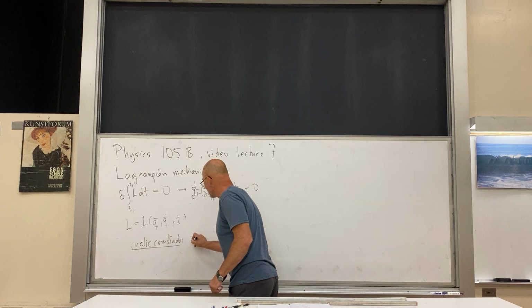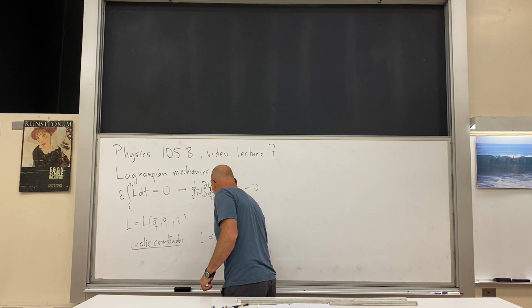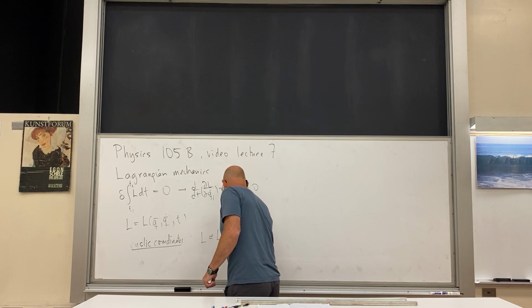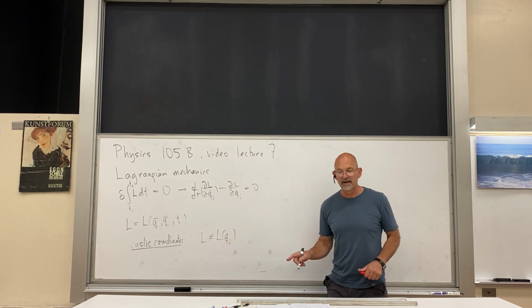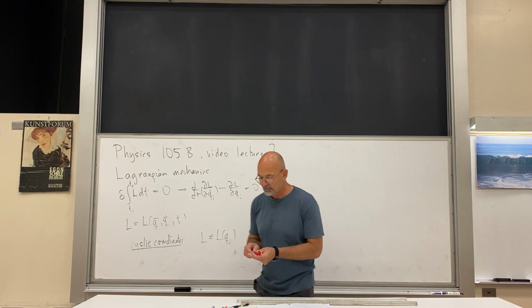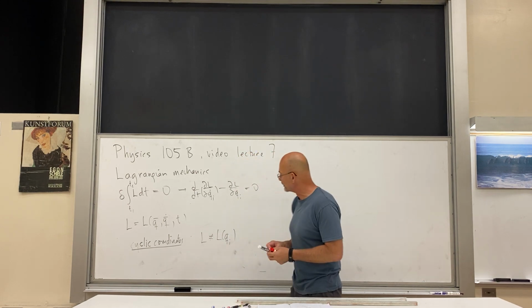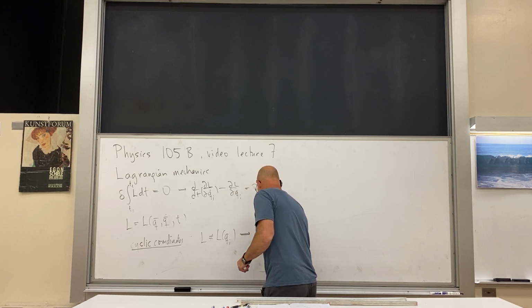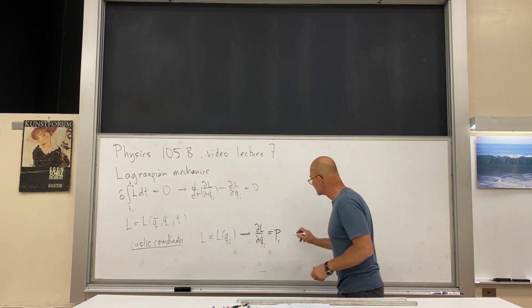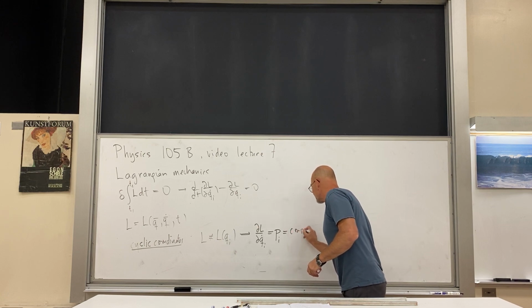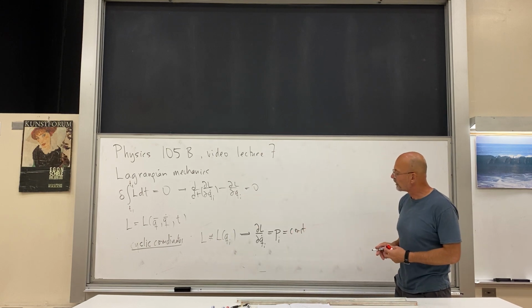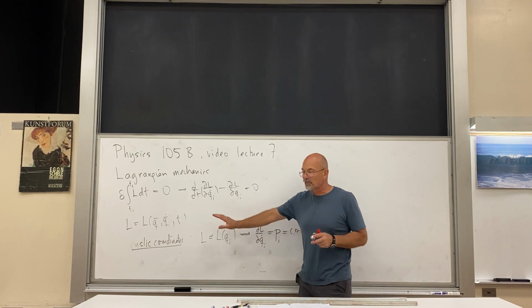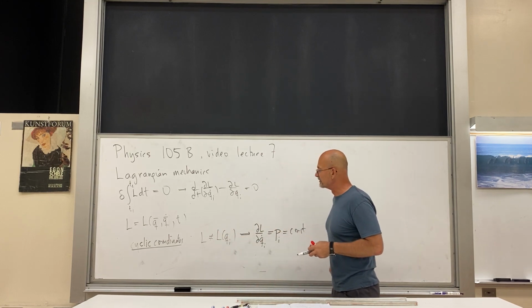So if L, and the way I'm going to write this, if L does not explicitly contain some particular coordinate, then the corresponding generalized momentum is conserved. Then ∂L/∂q̇_i, which is the corresponding generalized momentum, is conserved, is constant. Okay. Very important because these cyclic coordinates really express the symmetry of the system.